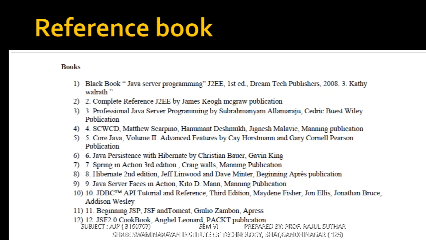Let me check the reference books related to advanced Java. If you are interested in a reference book, the first, the black book, is most important for your detailed study of advanced Java. The title of the book is Java Server Programming. Then second, Complete Reference J2EE, where J2EE covers Java 2 Enterprise Edition.